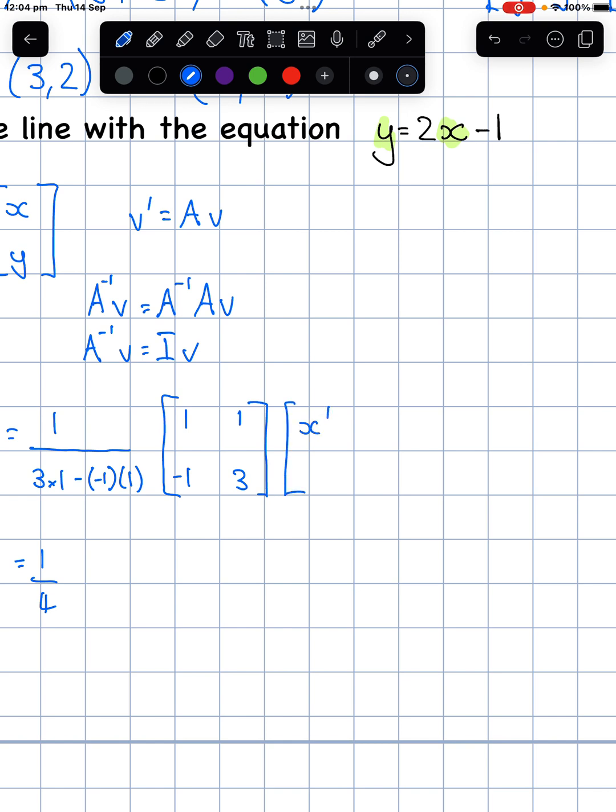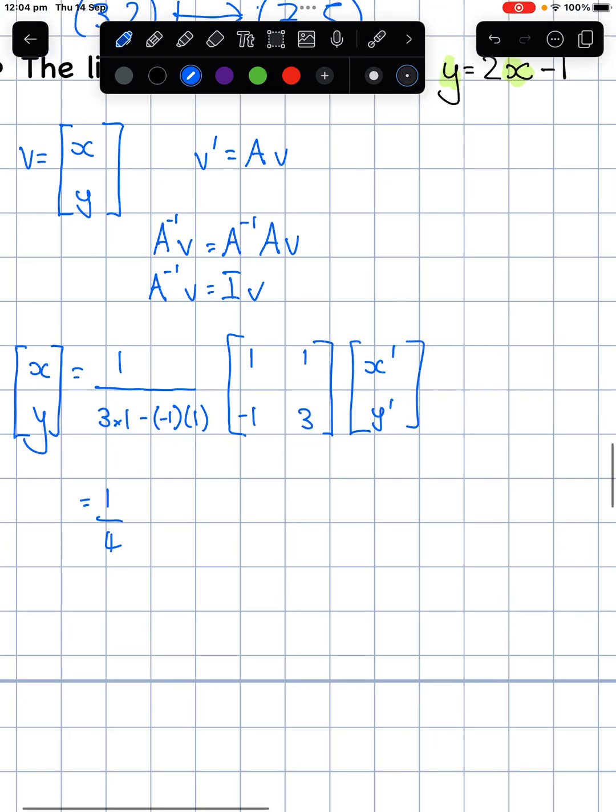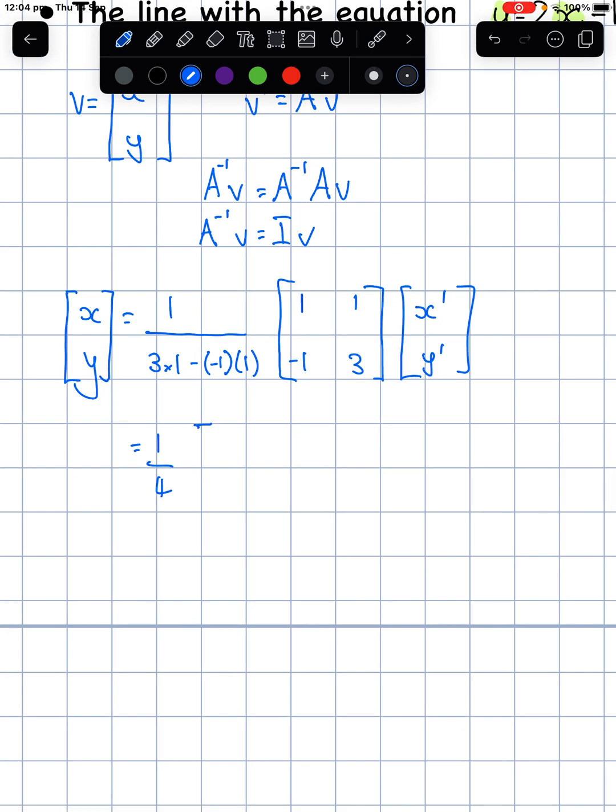So X dash, Y dash, and now in the text they multiply this all together. I'm going to leave the 1/4 out the front, it just makes it a bit easier. So this will be X dash plus Y dash on the top element, multiplying this row with this column, and then we're going to have -X dash plus 3Y dash.